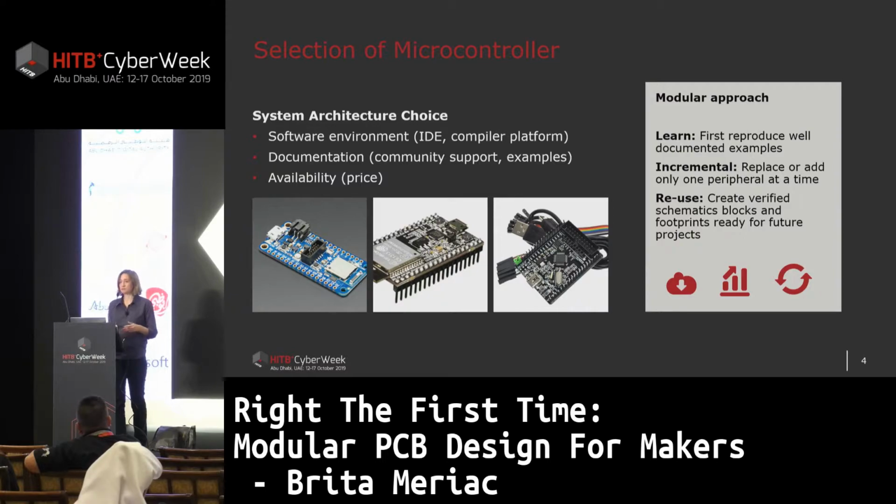And only once this example is actually functioning, you start to add something to it, extend it or replace it, and also only bit by bit, in incremental steps. Only if one part actually works with the whole system, you can start and look into another part. And with this approach, you create your own verified schematic blocks and verified footprints for your future projects.